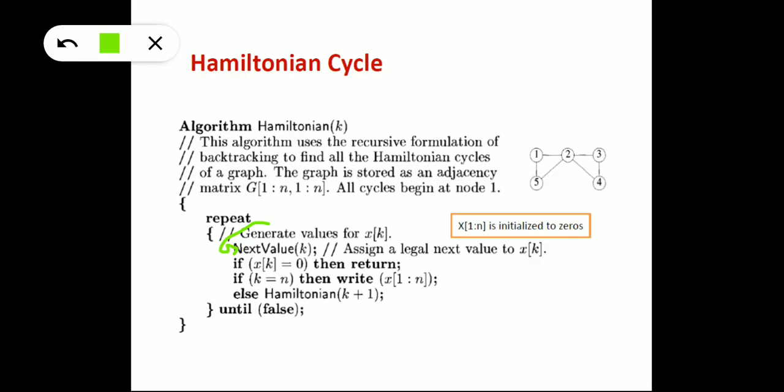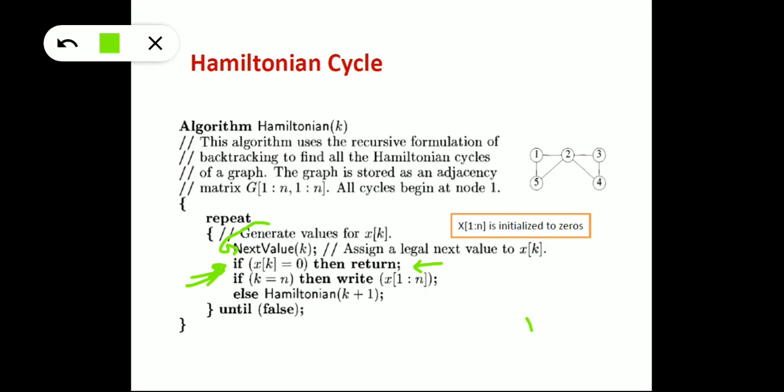And in case we are not able to find the next vertex, then we will have to backtrack to its previous vertex, which is done by this statement: if x of k is equal to 0, then return, right?